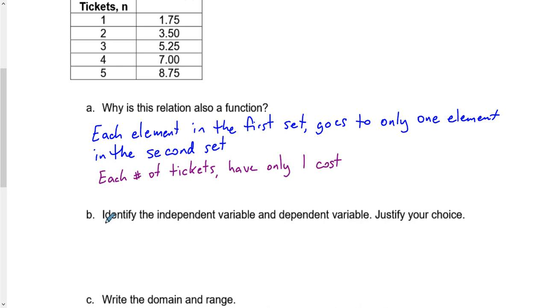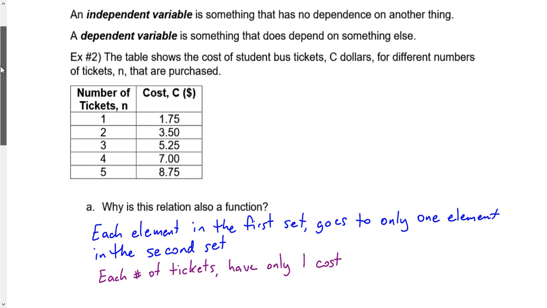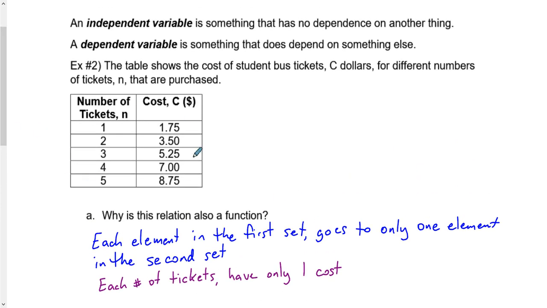Now, B says identify the independent variable and dependent variable. Justify your choice. So which of these are independent and which are dependent? Which one depends on the other? Well, if you're looking at it, the cost depends on how many tickets you buy.